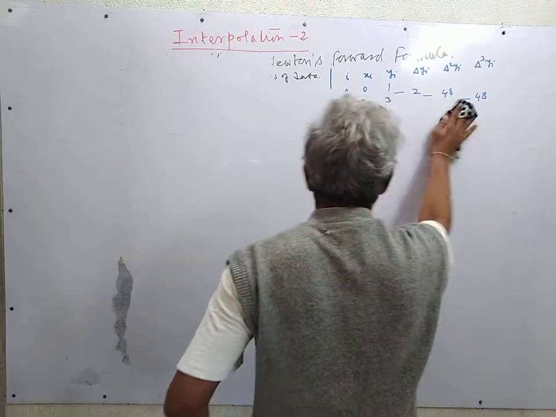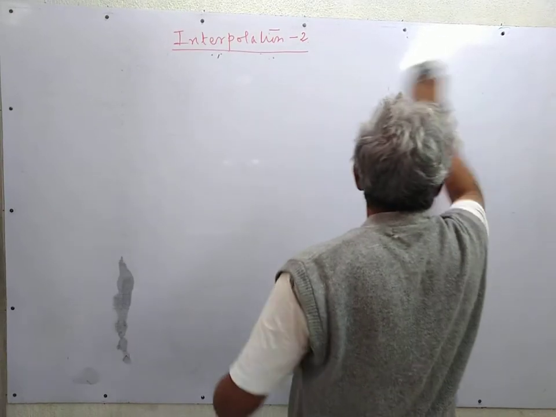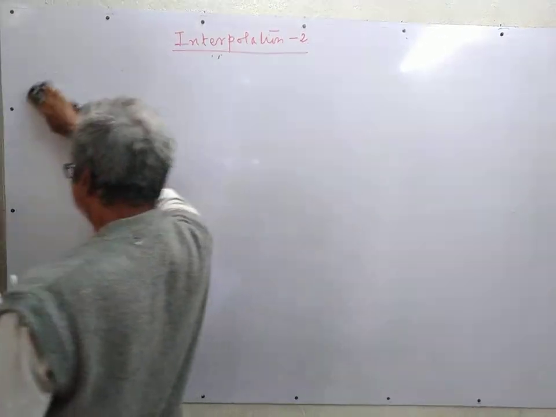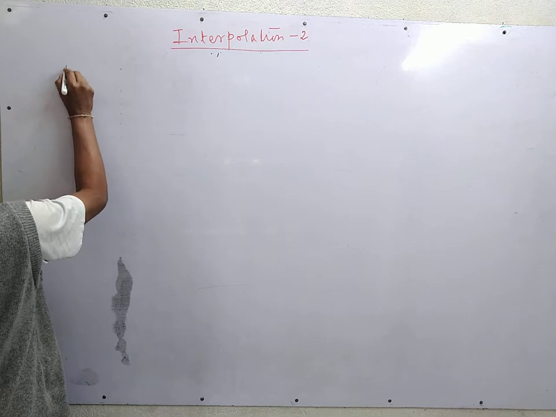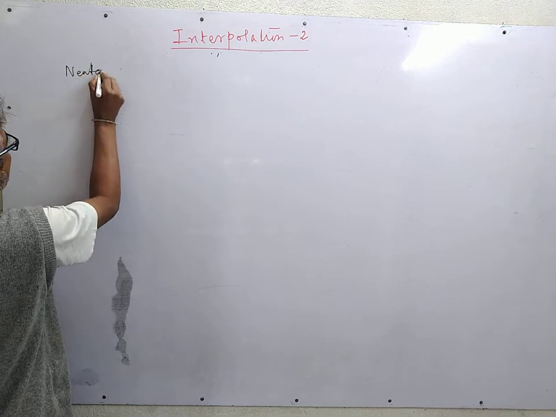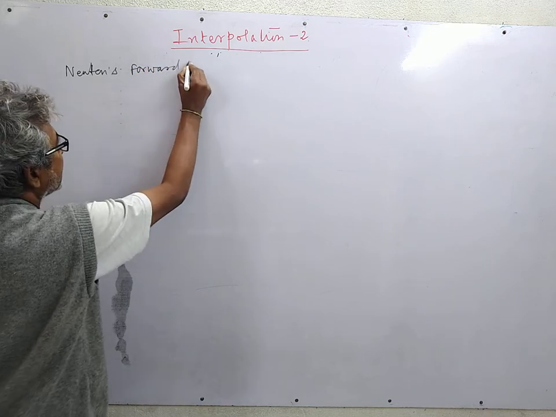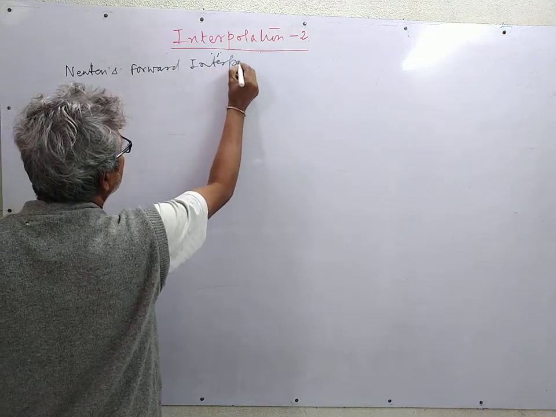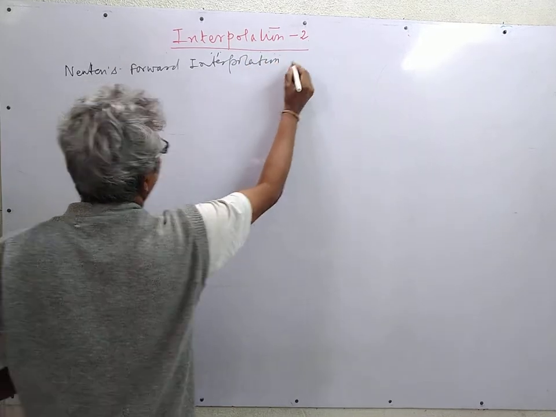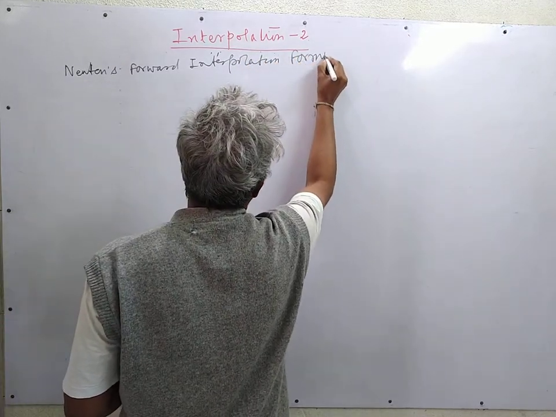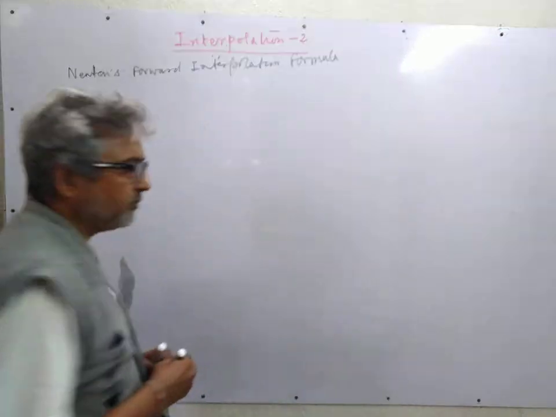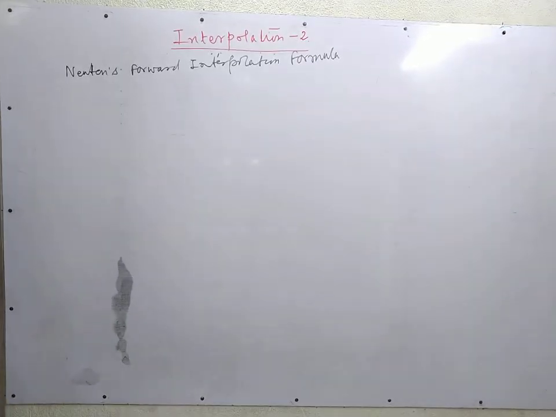Now, Newton's forward interpolation formula is applicable for the estimation of values of x which are near the beginning of the tabulated data. We shall come to these points afterwards.